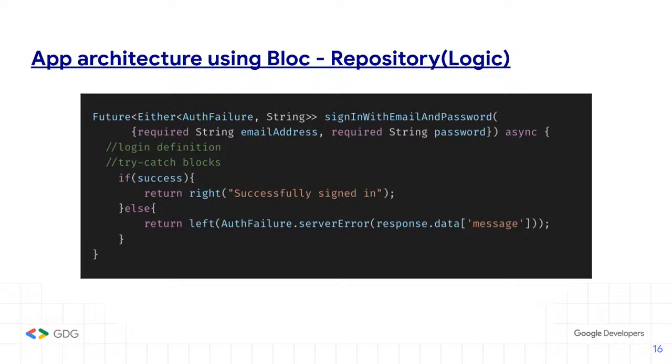So Right means I'm passing the Right return type, which is a string. And if anything went wrong, I'm going to pass the Left return type, which is the auth failure. I'm actually passing an auth failure object here, that is server error. So the left side of the Either return type is passed, which is auth failure. And if you try to jumble this up, if you say Left and then string, it's going to throw an error, because the Left return type is not string, it's actually auth failure.